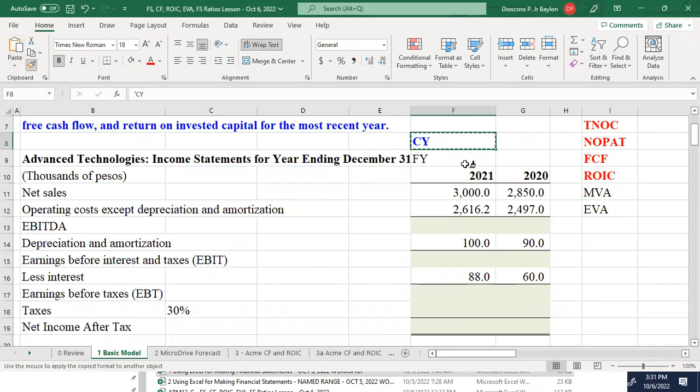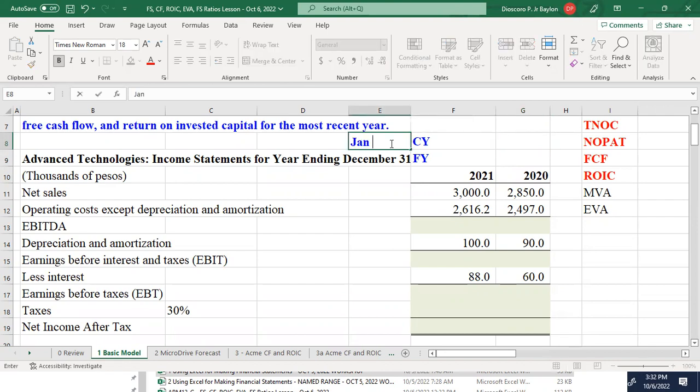CY is from January 1 to December 31. If the date used in preparing the income statement is January 1 to December 31, what do you call that period? Anyone? January 1 to December 31. What is it, class?